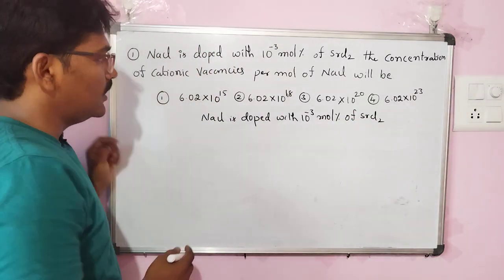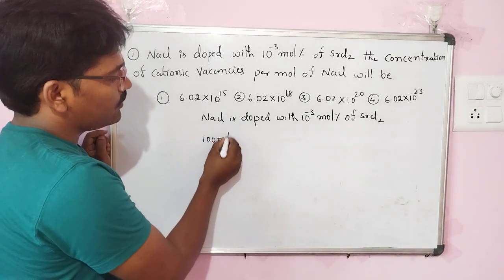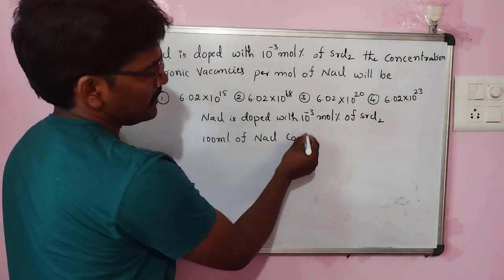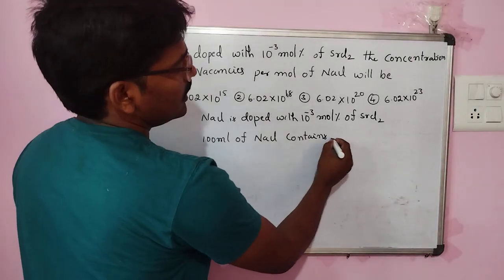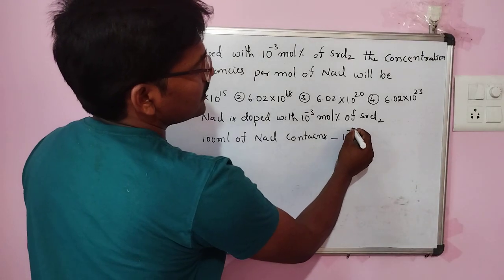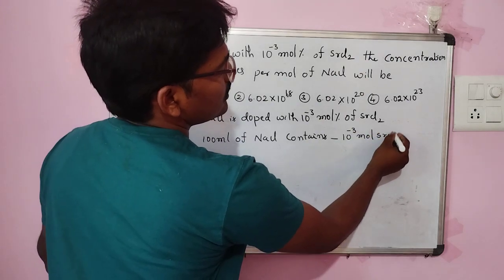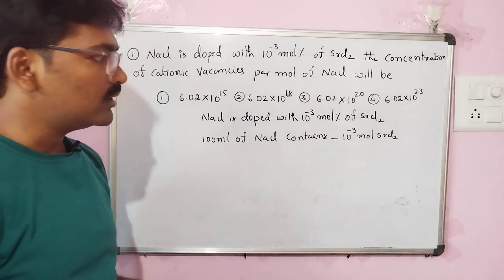Sir, what does it mean? It means 100 moles of NaCl contains 10 to the power of minus 3 moles of SrCl2 impurity like this.